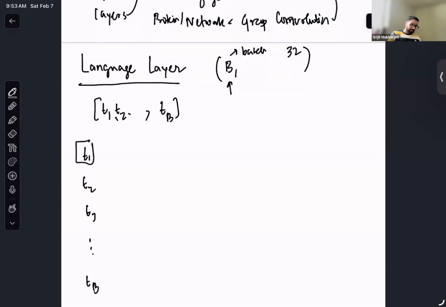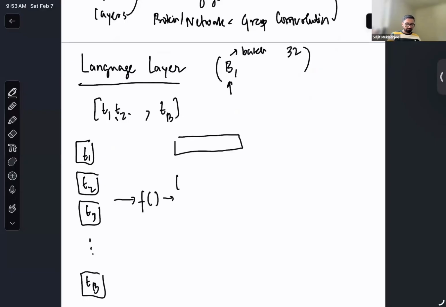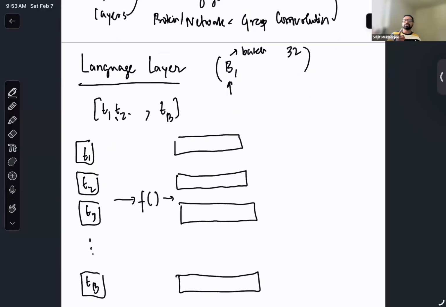Okay, understand this very, very carefully, guys. The first step is to transform each of them, so there's a function, into a vector. Each of them should be turned into a vector. So that's question number 1. Let's call this E. What is E?